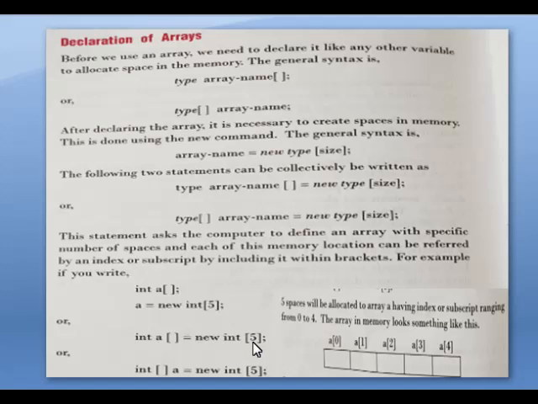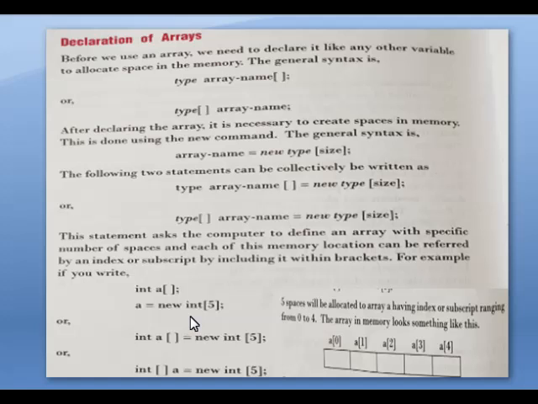This statement asks the computer to define an array with a specific number of spaces, and each memory location can be referred to by its index or subscript by including it within brackets. For example, int a of equal to new int of 5 means it can store 5 integer values in the array.